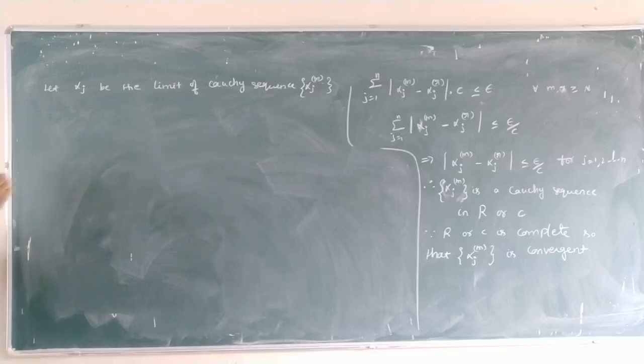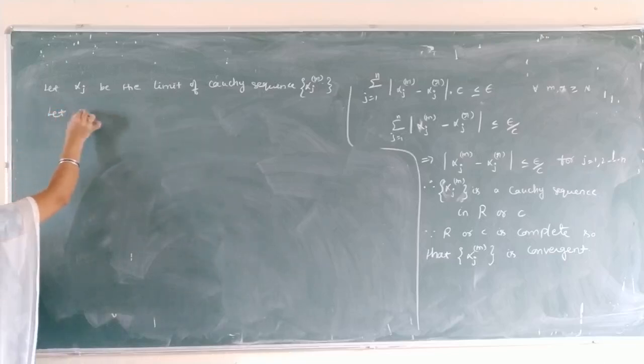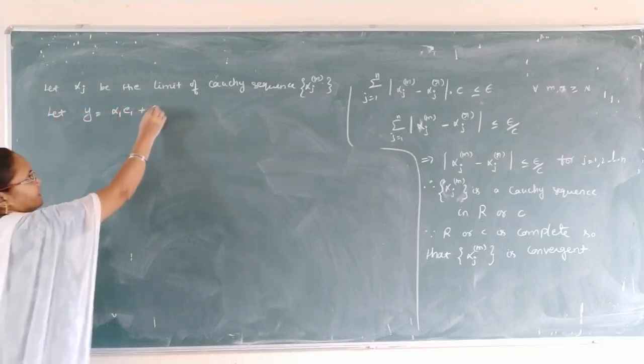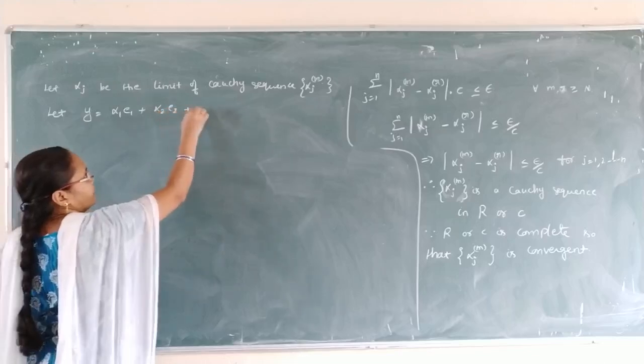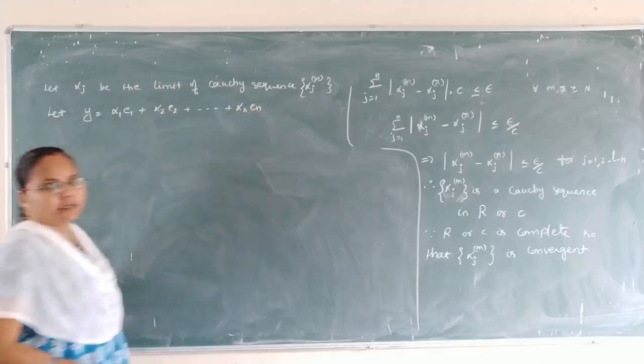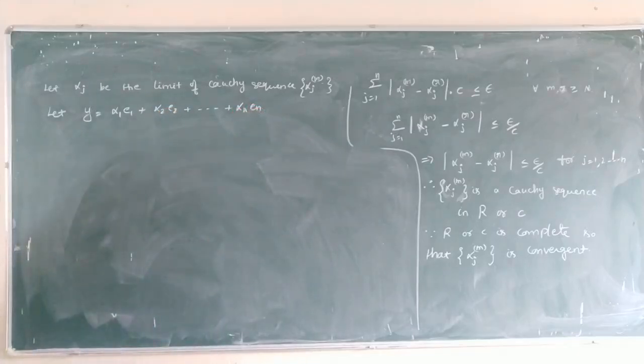Let y be a linear combination of the basis elements. So let y is equal to alpha 1 e1 plus alpha 2 e2 and so on plus alpha n en. Observe this one.